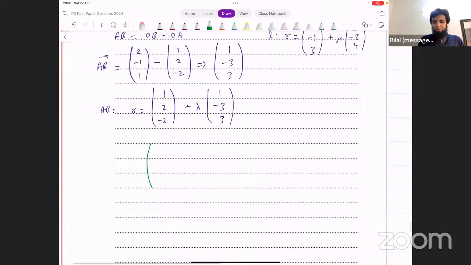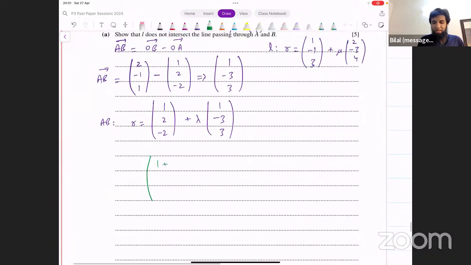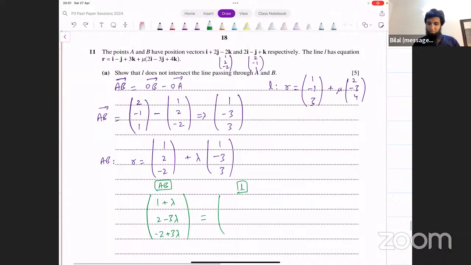When we equate both of them, we would get something like this. I'm simplifying this equation. This is the equation for the line AB: 1 plus lambda, 2 minus 3 lambda, minus 2 plus 3 lambda. Equate this to the equation of the line L. Let's simplify this as well. 1 minus 1 is 3, 2 minus 3 and 4.